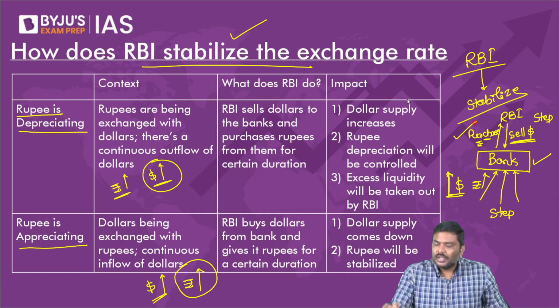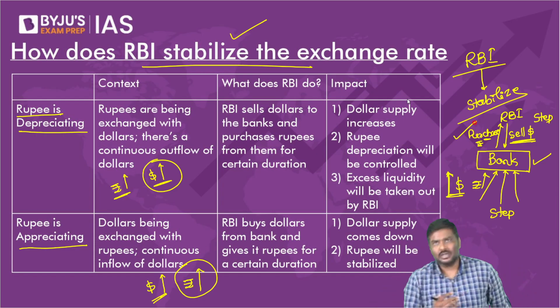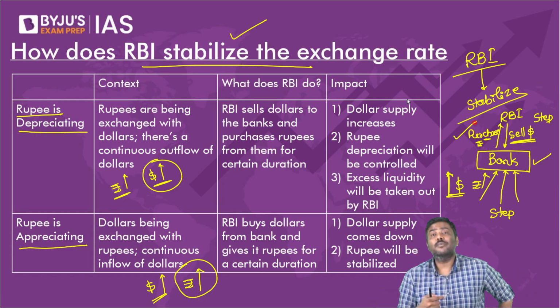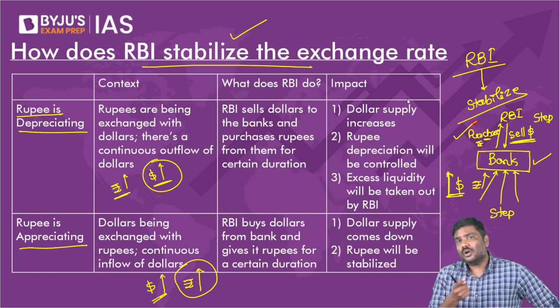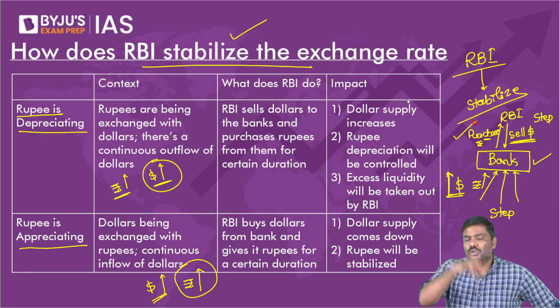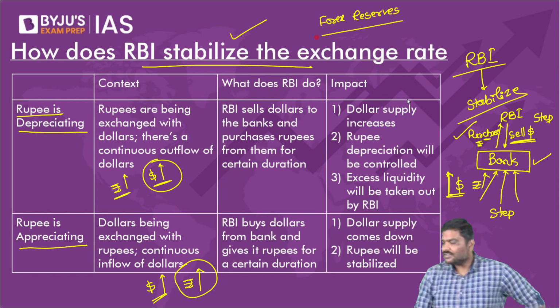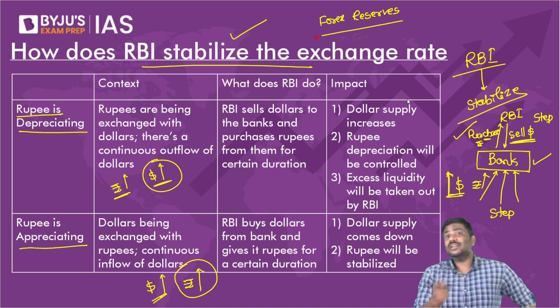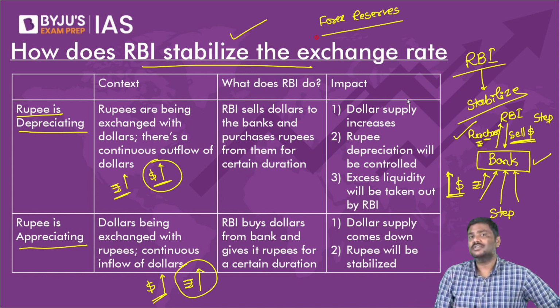Now, two very important points here. Point number one, if RBI wants to sell dollars, from where does RBI have the dollars? I hope you understand my point here. If RBI wants to sell the dollars, RBI should have dollars. Now, do you remember forex reserves? So RBI has forex reserves.